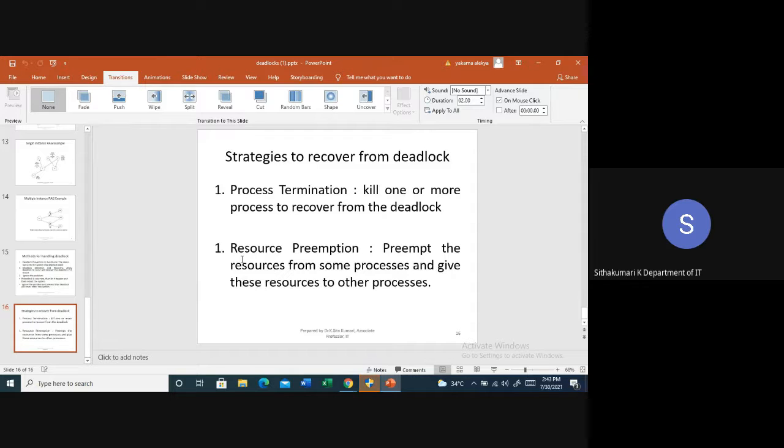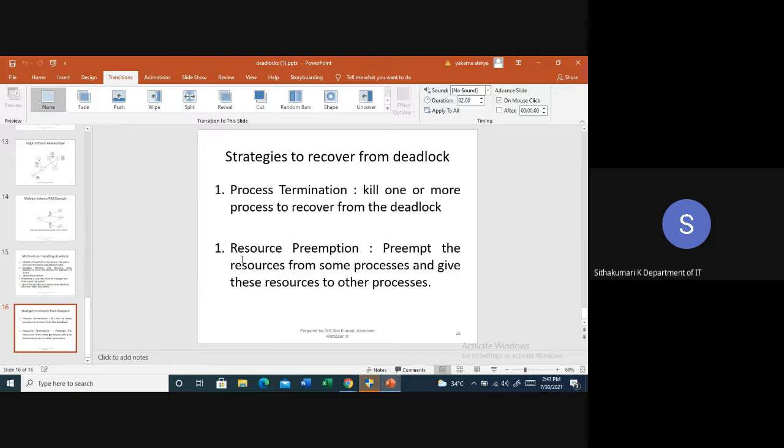Coming to the strategies to recover from deadlock, there are two methods. If you allow the system to enter into deadlock, you need to check whether there is a deadlock. Whenever the CPU utilization drops, you need to check whether there is any deadlock.